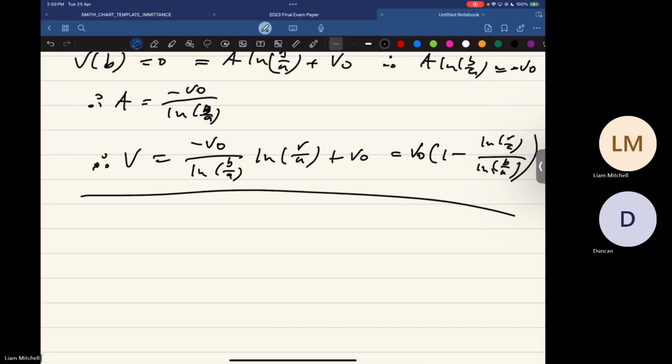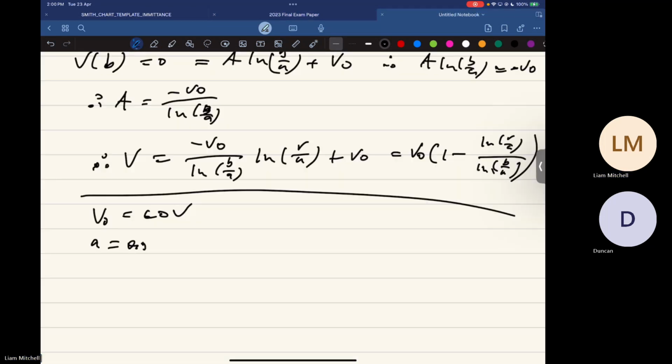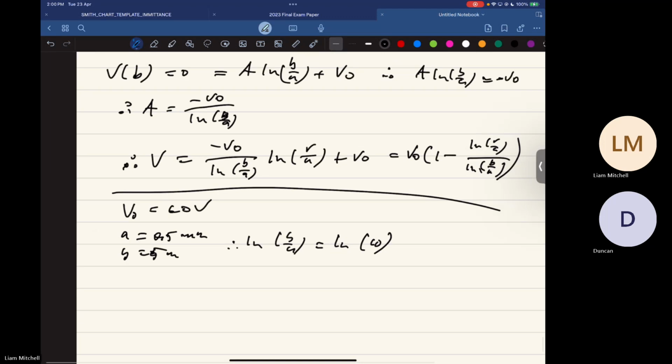So we are given that v naught is 60 volts, a is I think 0.5 millimeters, and b is 5 millimeters. So ln b on a is ln 10, as before in question 1.